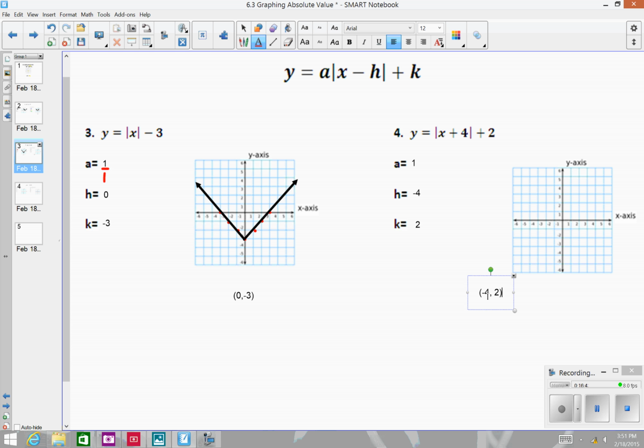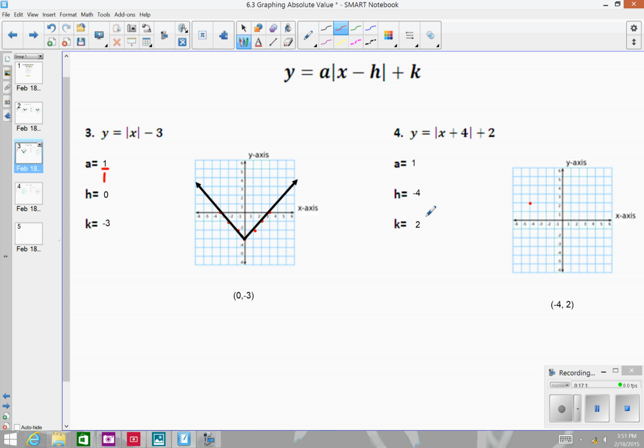Good. So my vertex is going to be -4, 2. I'm going to go ahead and plot that. Let's use red again as well. So -4, 2 is 1, 2, 3, 4, and then up 2 right there.